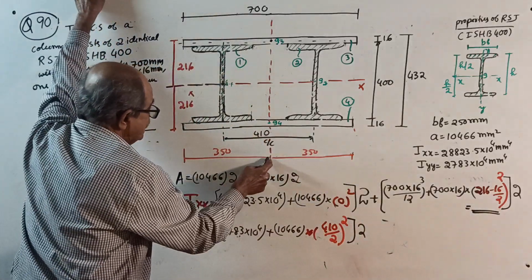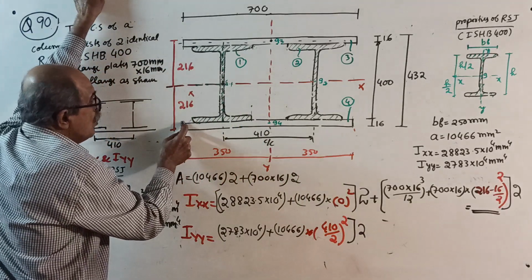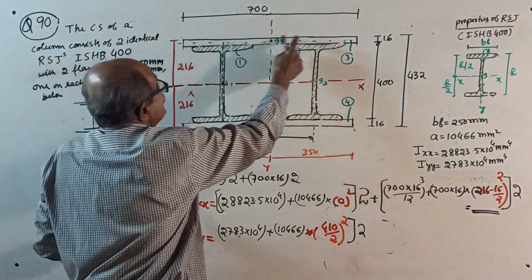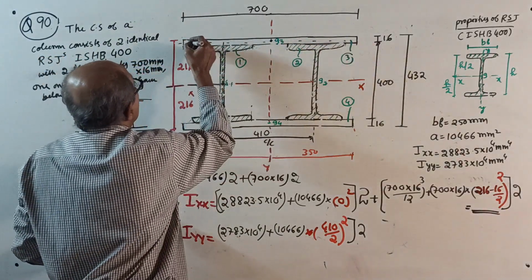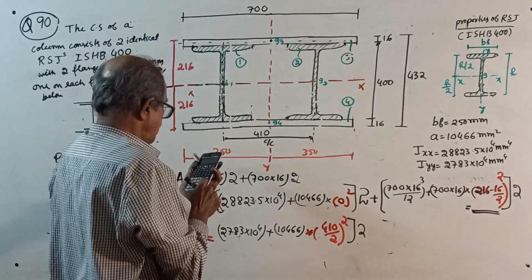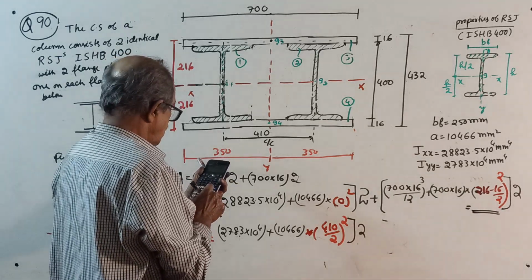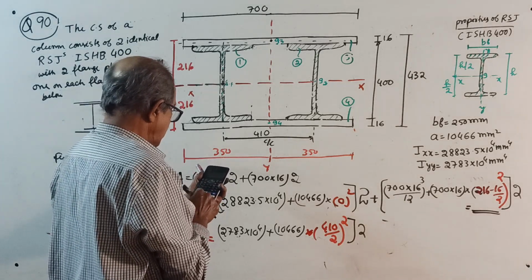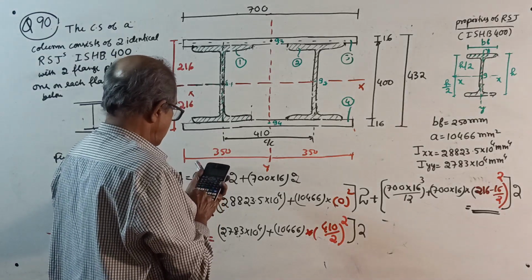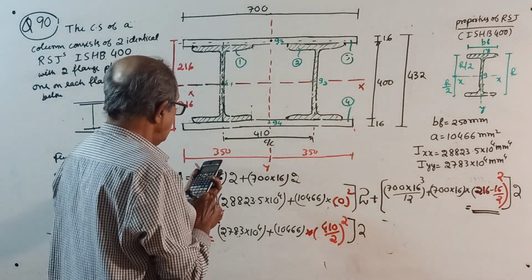By chance, if you use 350, what do you have to do? 350 minus the small distance. That small distance, as I told you already, from here to here is 700 minus 410 minus 250 by 2. 700 minus 410 minus 250 is 40.